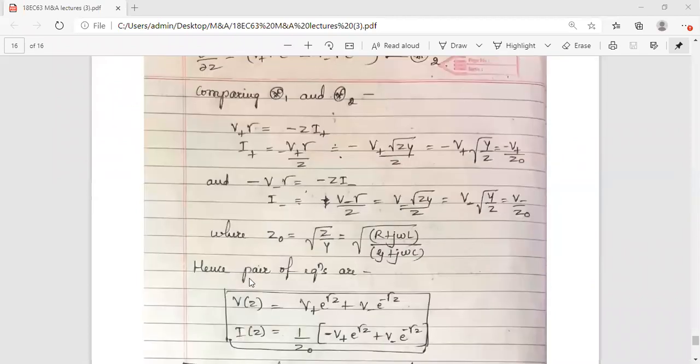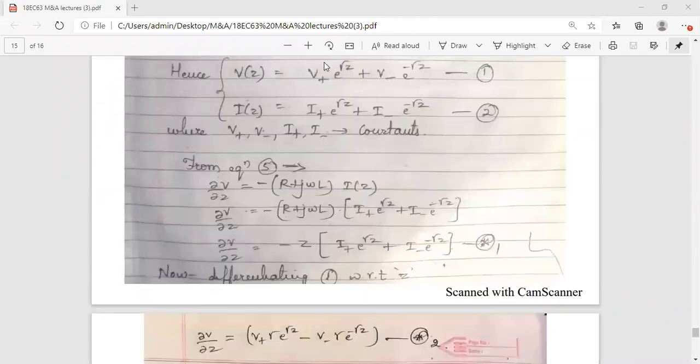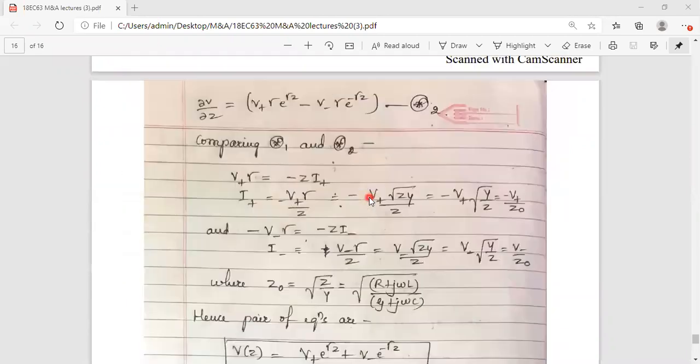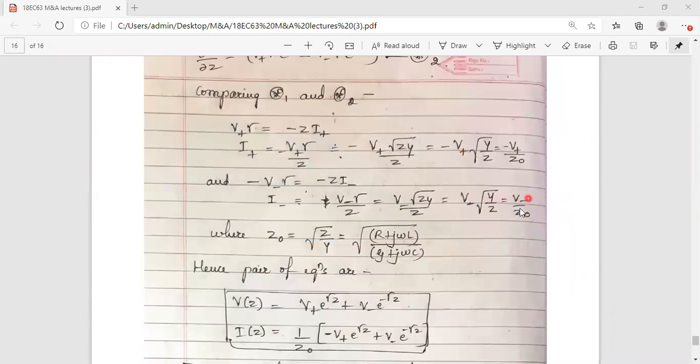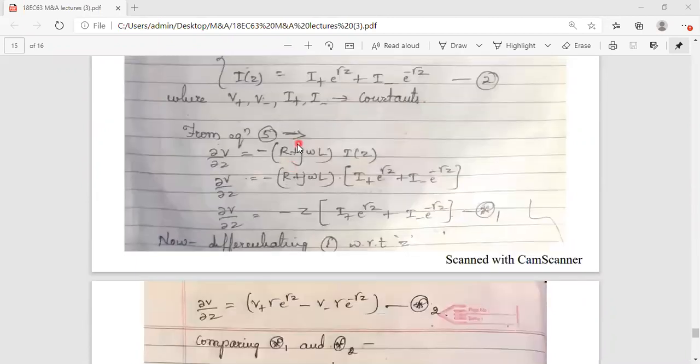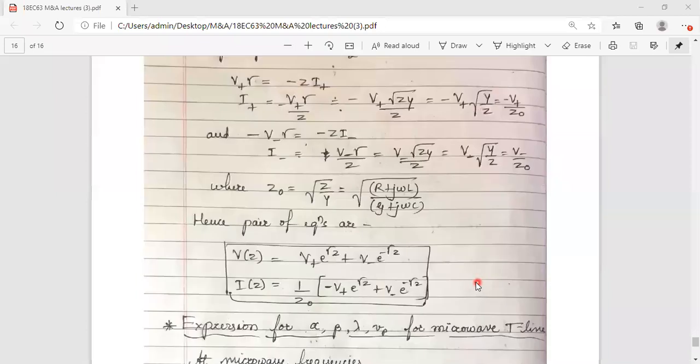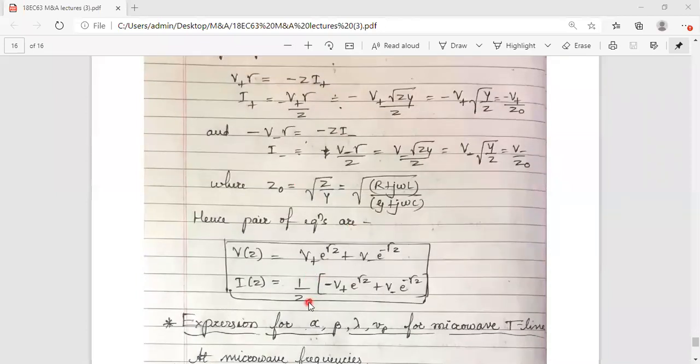So further, what I can do, simply substitute here, instead of I plus and I minus, write V plus by Z naught, V minus by Z naught, whatever value we have got after solving. So these two are the pair of transmission line equation solutions. So we have covered in today's class the continued part of the equation and the solution. Any doubts in this?